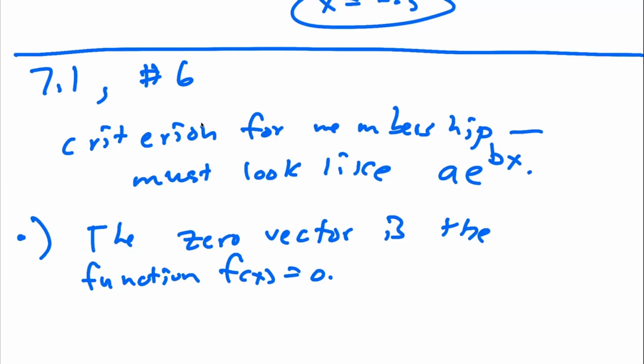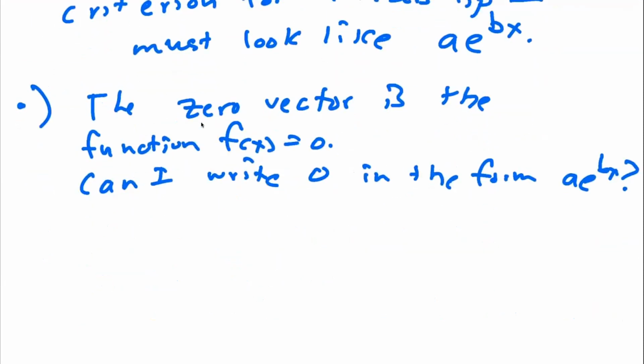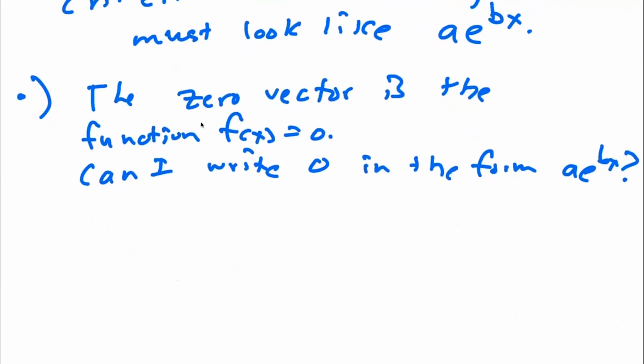So the real question is, can I write 0 in the form A e to the bx, right? I have complete control over both A and B. So since I have control over A and B, what would be a smart choice for A here? I'm going to choose A is equal to 0, right?